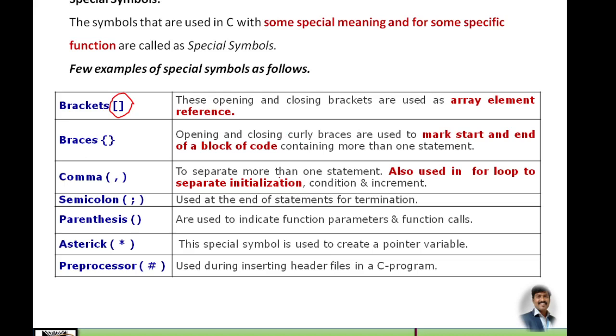We use a comma to separate a sequence of variables, and the comma is also used in a loop during initialization. We use a semicolon to end every instruction of the C program, and we use parentheses to call a function or to indicate function parameters. An asterisk is used to create a pointer variable.